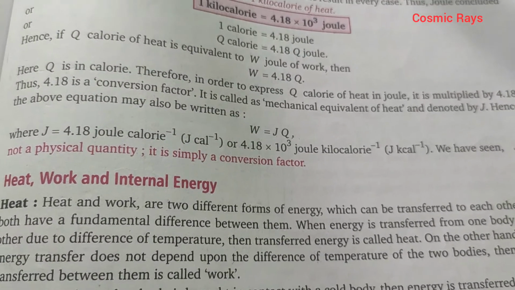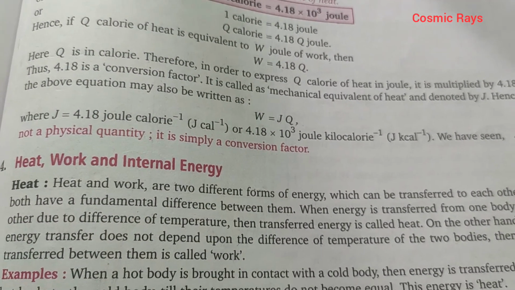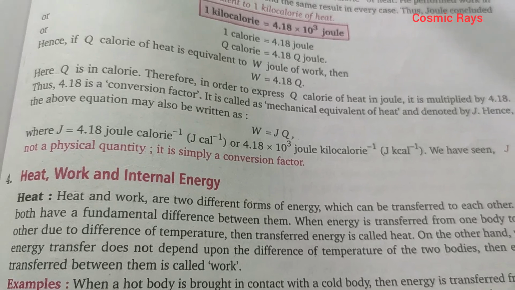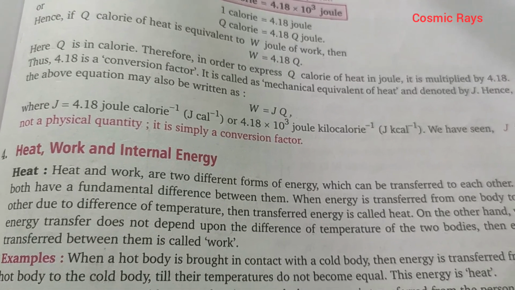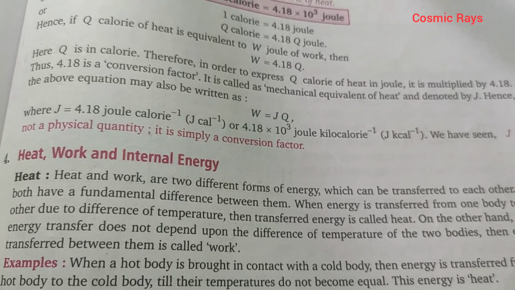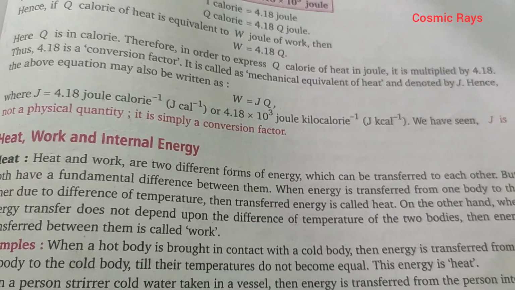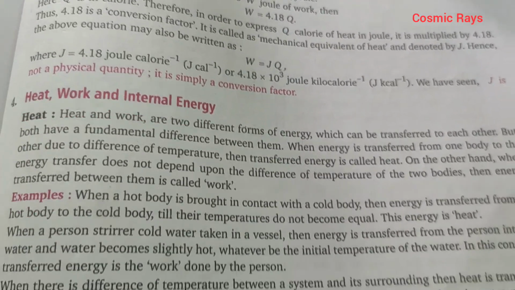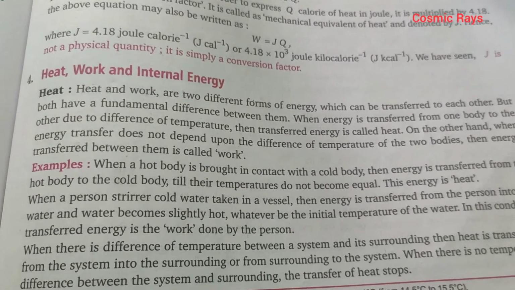Whereas if the energy transfer takes place between two bodies but it is not because of the difference of temperature of the two bodies, then the energy transferred between them will be known as work done.